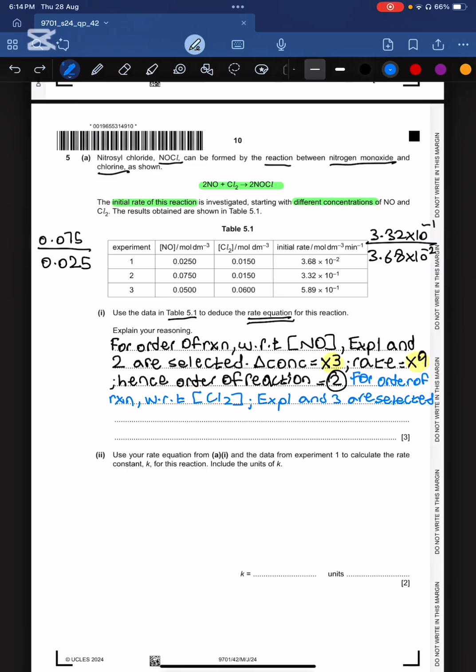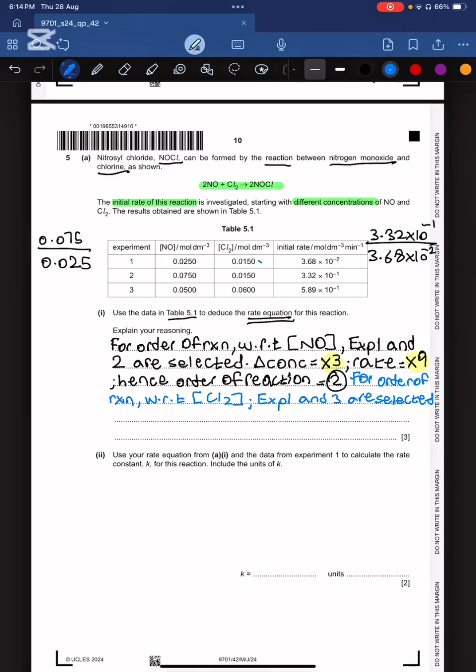I repeat, I know what the change is in the rate of reaction only if nitrogen monoxide affects it. Because in experiment 1 to 2, Cl2 was same. Meaning, just because NO changed, this is why the rate of reaction changed. So now I know what effect there is on the rate of reaction just because of NO.